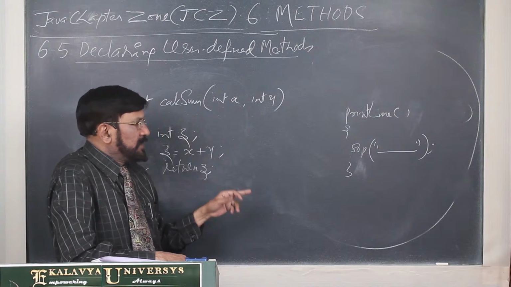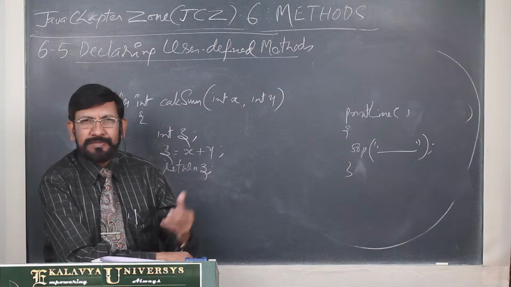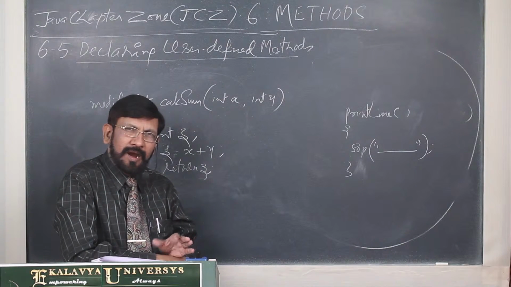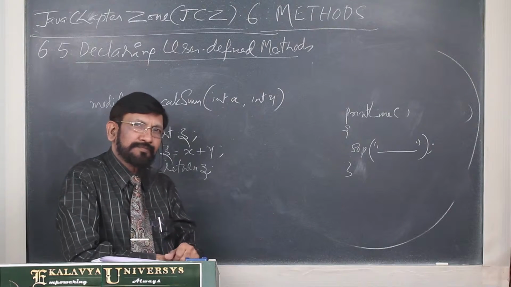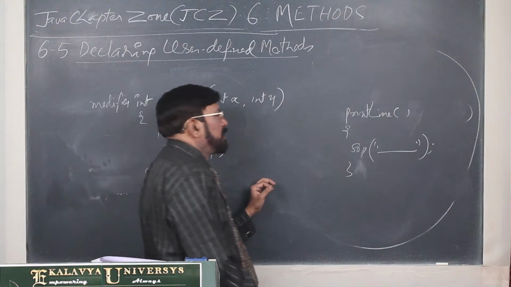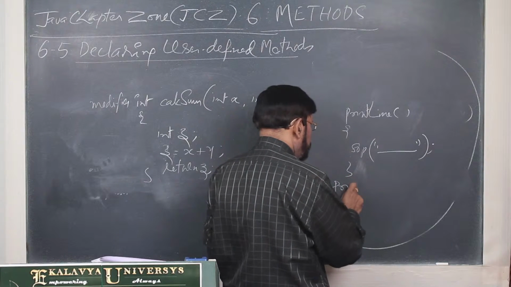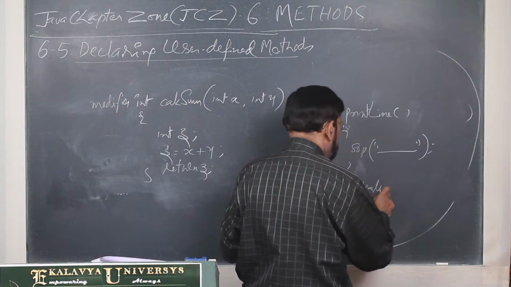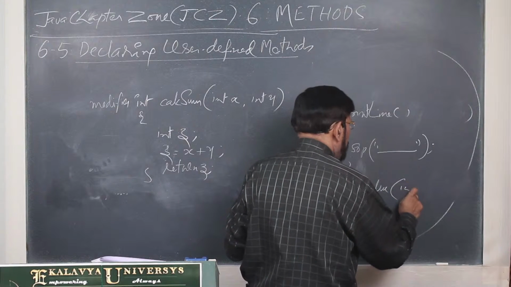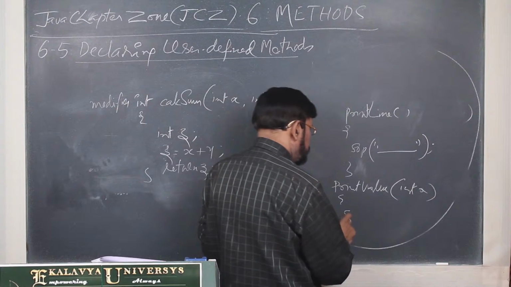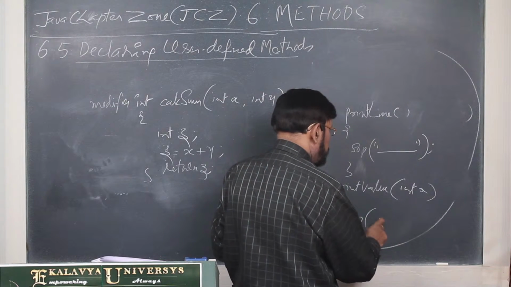That means functions which take arguments, and do not return anything. Suppose now one example I give you. printValue. Suppose you are providing a value to this, and SOP is writing x.